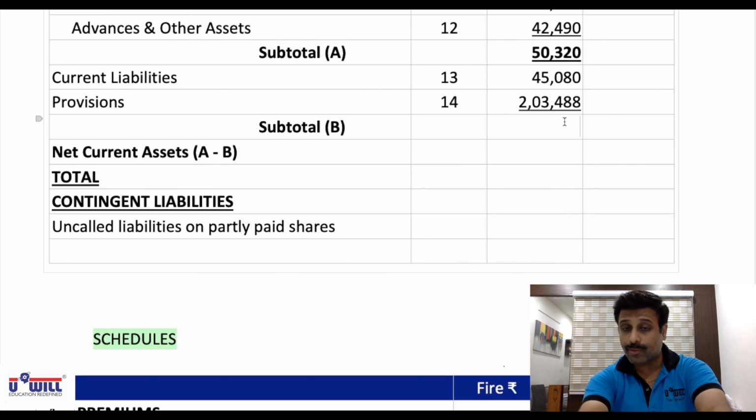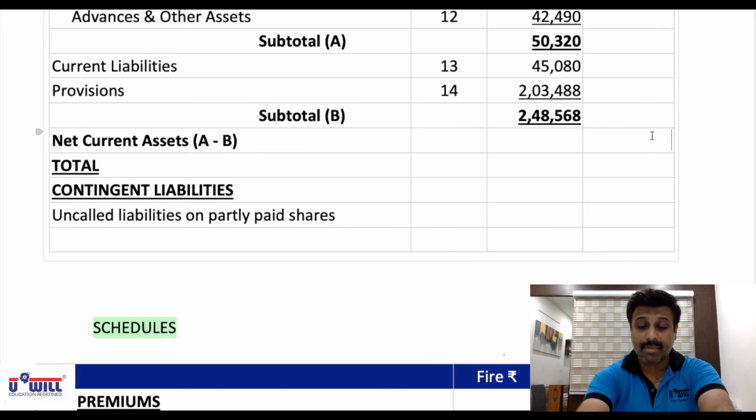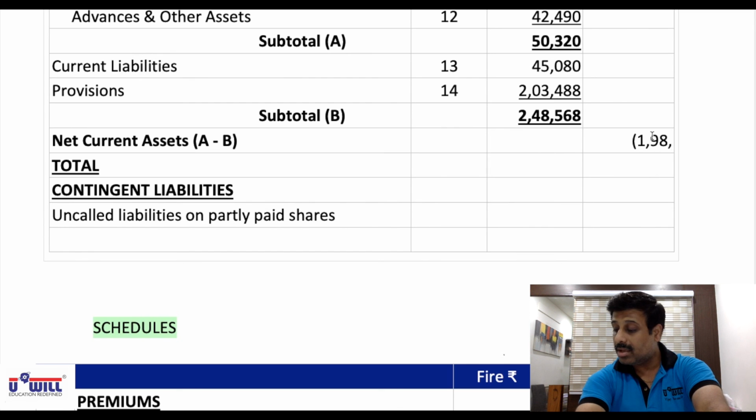So that comes to 248,568. Now A minus B. Subtotal A 50,320 minus subtotal B 248,568. So that in the outer column comes to 198,248, a negative amount. 198,248 negative amount will come in the outer column.